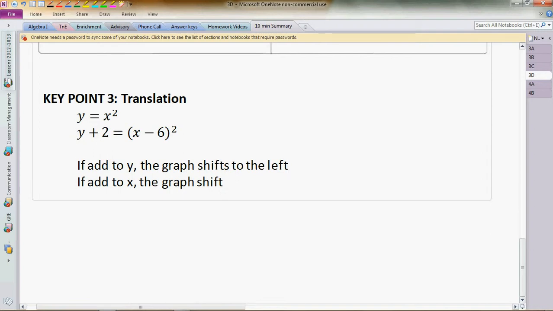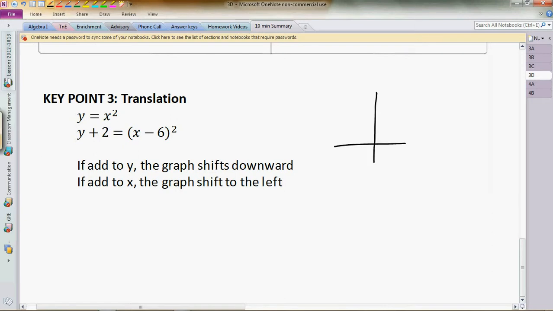If you add to y, then the graph will shift downwards, I'm sorry. And then if you add to x, the graph will shift to the left. And if you subtract, the opposite will happen.